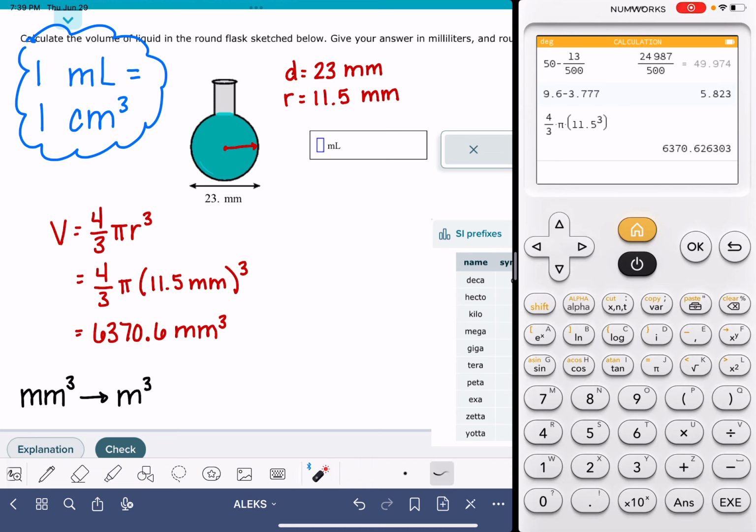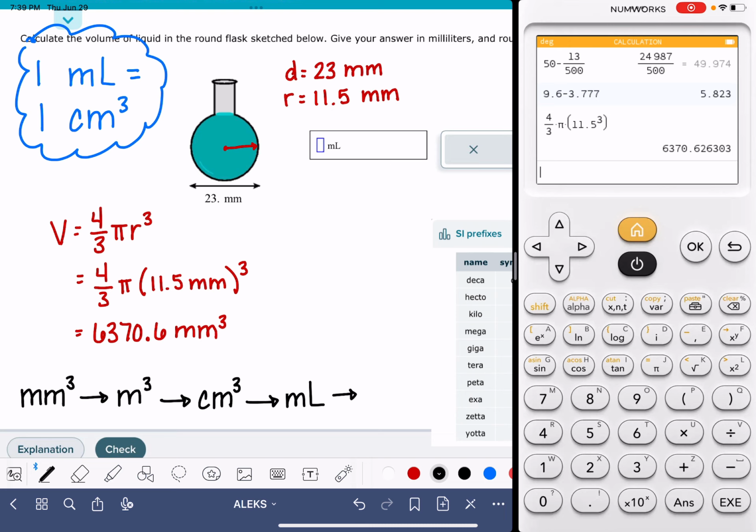Maybe you are starting with cubic meters, in which case you don't need to do this step. But whatever unit you have, I suggest your first job is to get rid of that metric prefix and convert it into the base unit, cubic meters. And then from there, convert it into cubic centimeters. From there, we're going to convert it into milliliters.